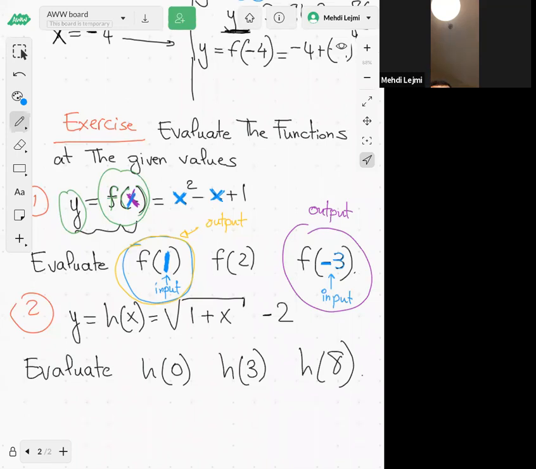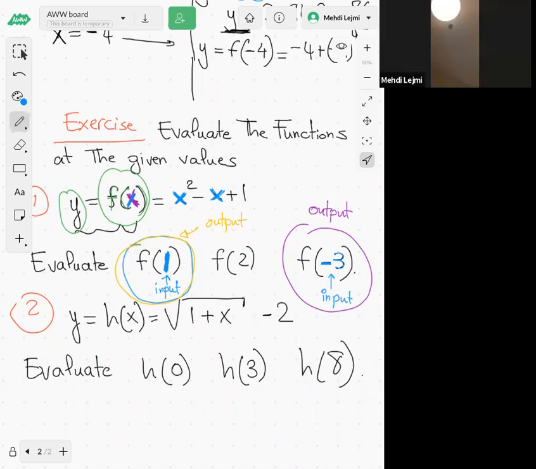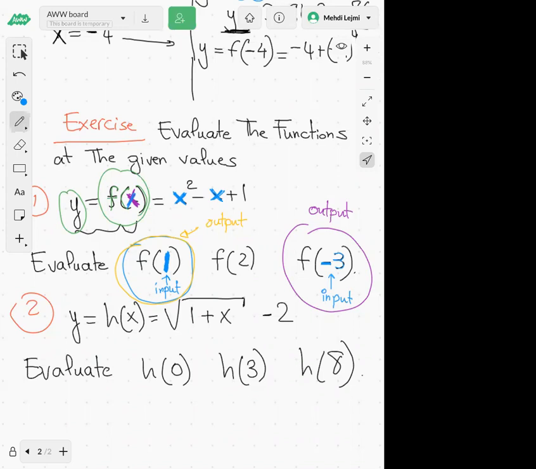Rabiul said h of 0 is -2. That's not true. Actually, it's -1. Yes, it's -1. Just be careful.